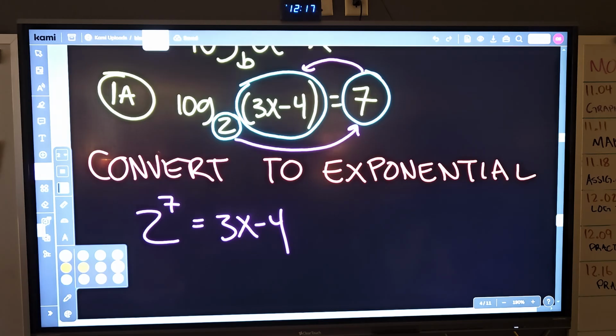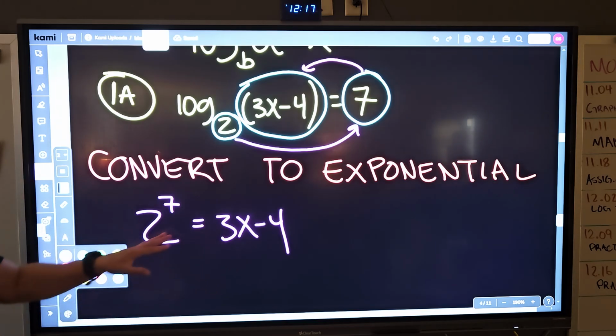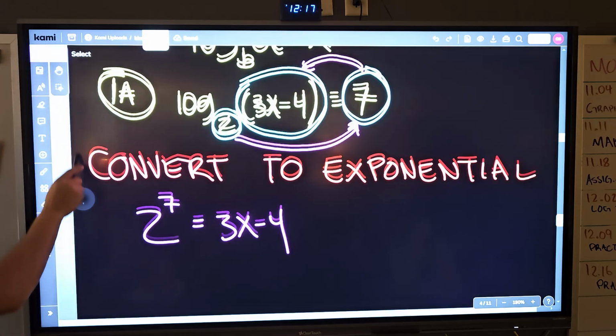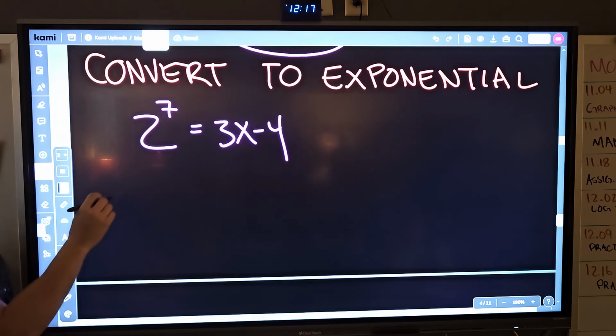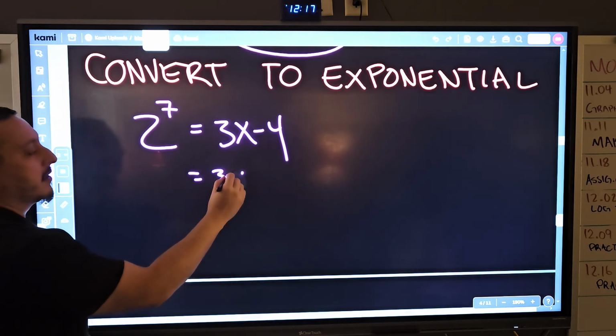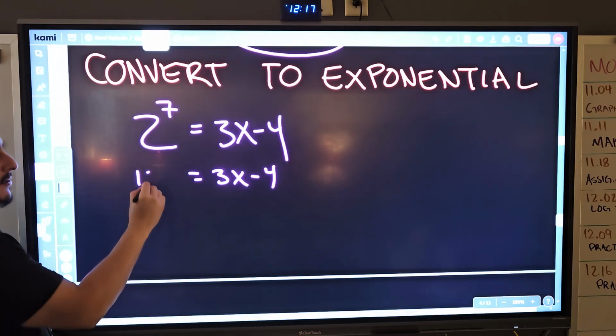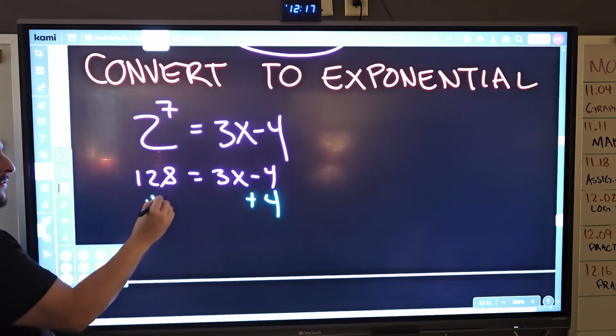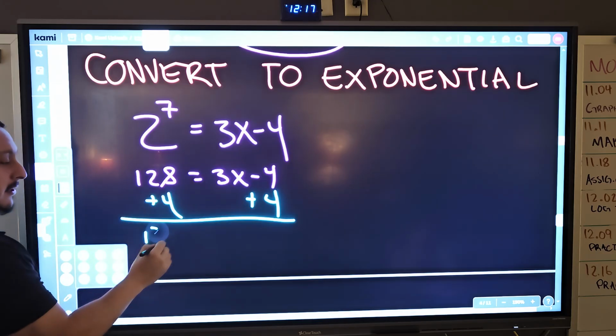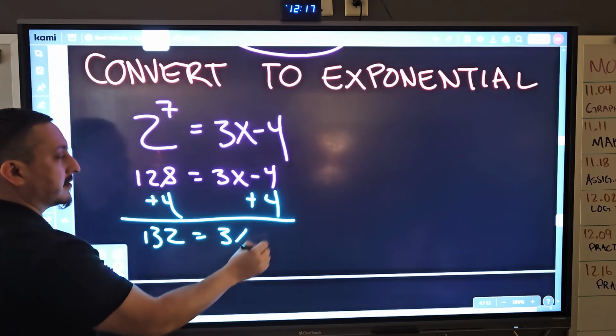Now, what is the big deal? Now it's again an 8th grade problem. All that is two steps. Add the 4, divide by 3. Super easy. So let's finish it off. What's 2 to the 7th? Is it 128, I think? Somebody check that for me. Yeah, 128. And then I just want to get the x by itself, so I add 4 to both sides. 132 equals 3x, because those cancel.